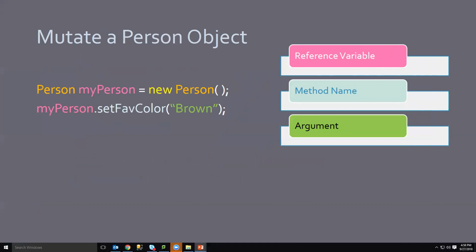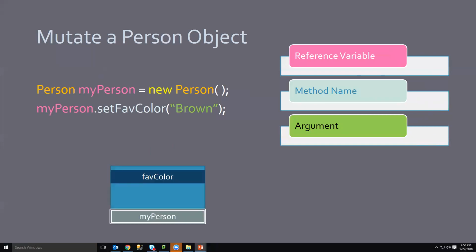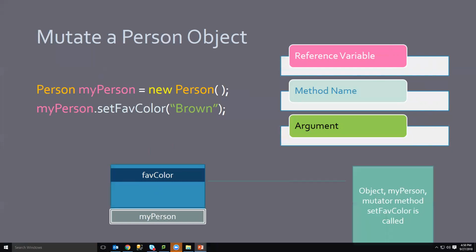We would have code to create a person object, and then we could have a line of code that said, using our reference variable, myPerson, call the setFavoriteColor method and pass in the color brown so that our favorite color can be updated to brown. Now we have our myPerson object with their favorite color, and we're going to set that to brown through that mutator. Yay.